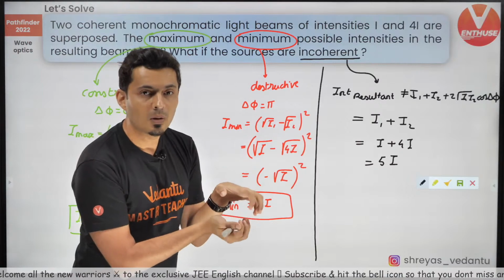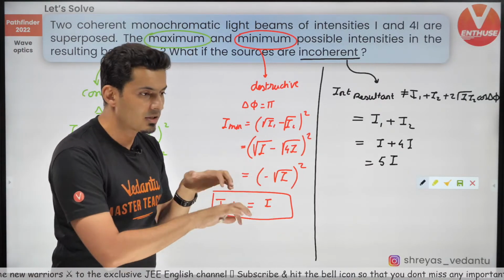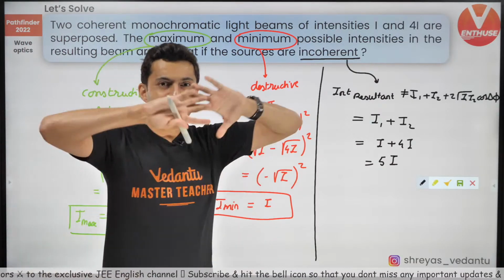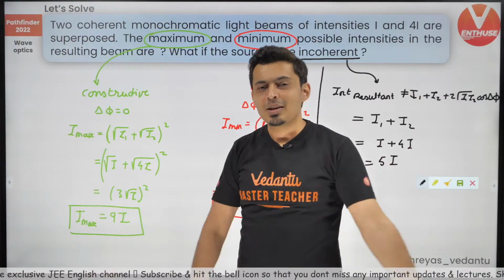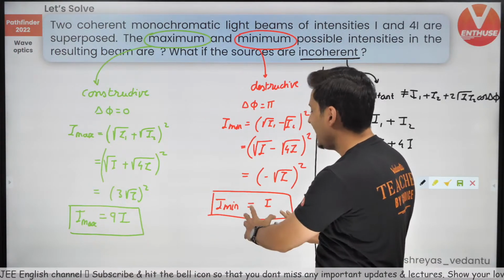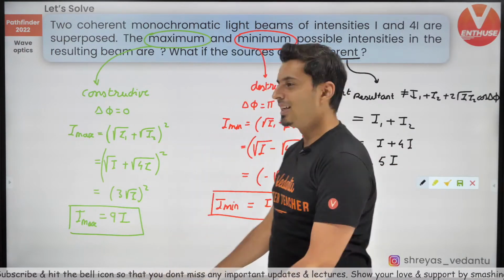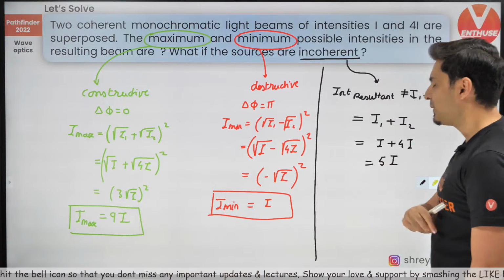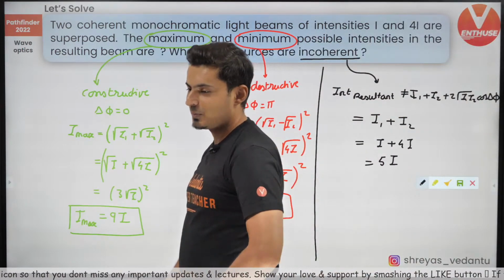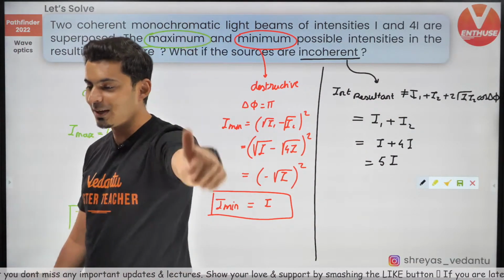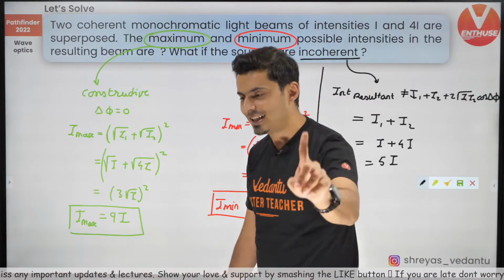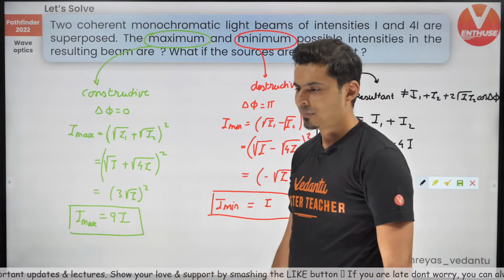Sometimes they will be destructive. Again, intermediate, constructive, destructive, constructive, destructive, intermediate. So it will average out. So what is the average of 9I and I? 9I plus I is 10I divided by 2, which is 5I. So it will always be the average, and that's why you'll get it as just I1 plus I2. Yeah. Okay, very good, Vandal. If you said it for incoherent, then it's correct. Perfect.